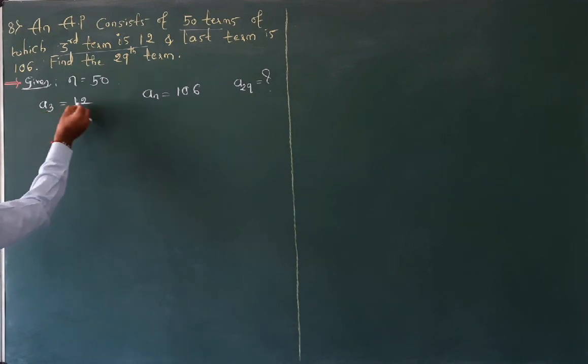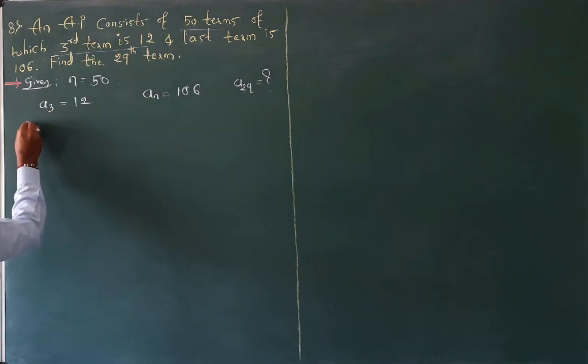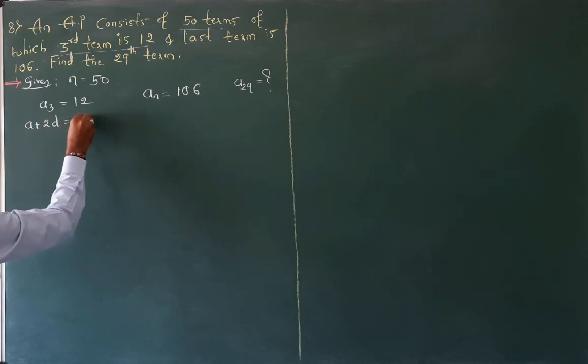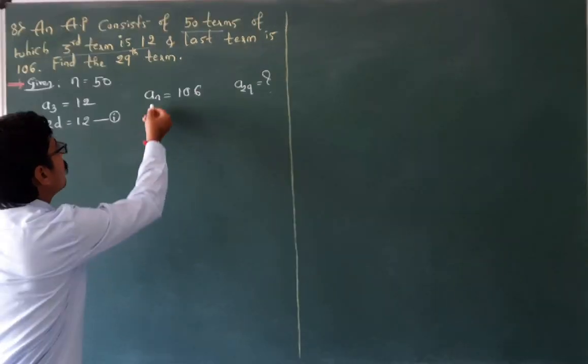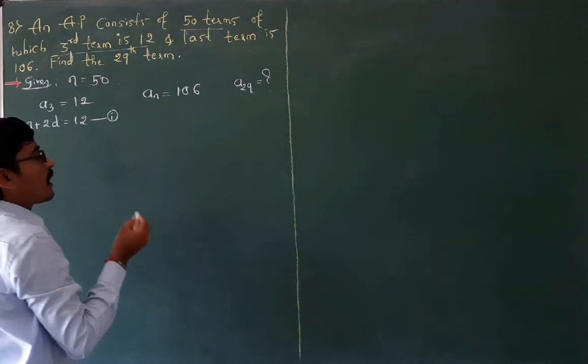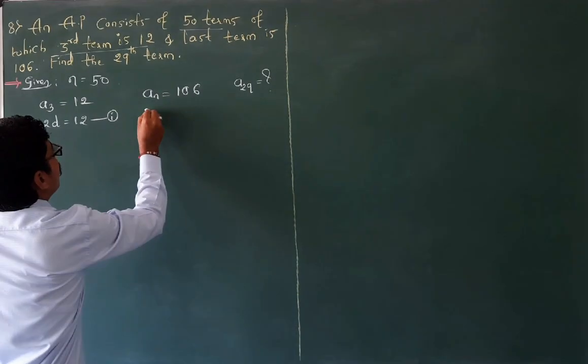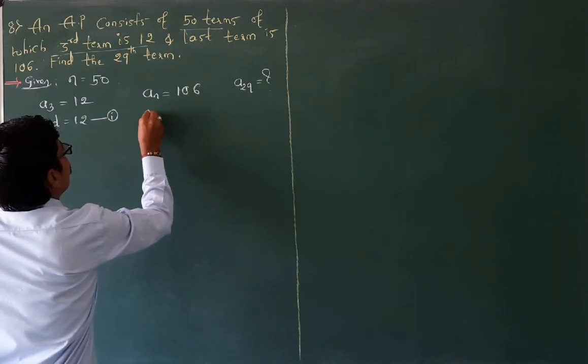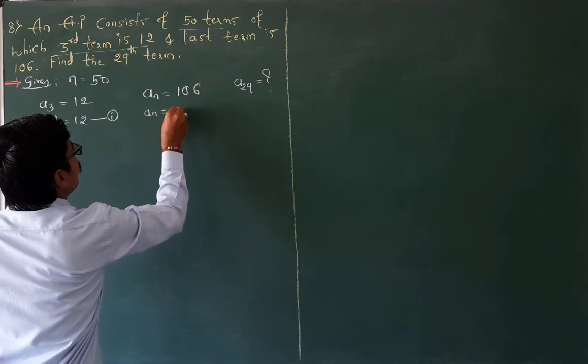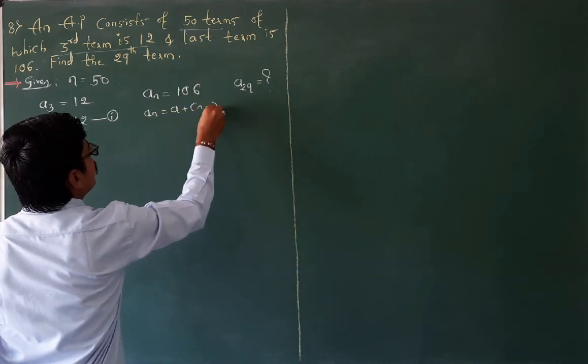See, A3, the third term, can be written as a plus 2d is equal to 12. Call this equation number 1. Now the nth term, we know the formula: an is equal to a plus n minus 1 d.